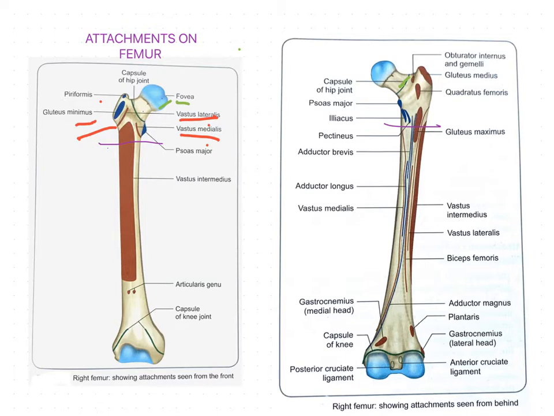If you see on the posterior aspect, a quadrate tubercle is present along the intertrochanteric crest, which receives the insertion of the quadratus femoris. So quadratus femoris is getting inserted here. This one is given in blue color.